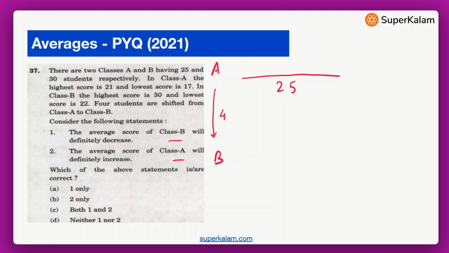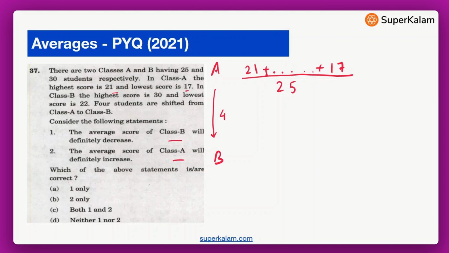This will be the average for A. We are given that there are 25 students in class A, the highest score is 21 and the lowest is 17. So when we sum the scores for calculating the average, we take the highest first, then the next highest, then the next highest, and this goes on till 23 numbers, and then the last one, 17, which is the lowest, will come.